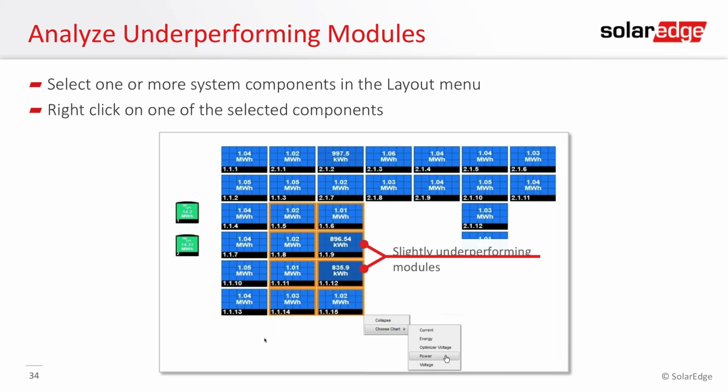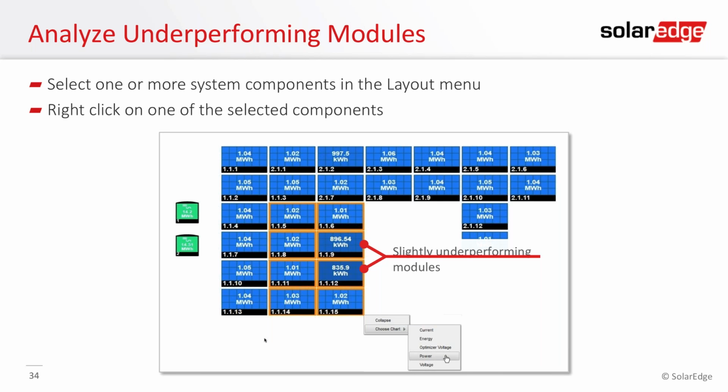As an example here, we have two modules on the rooftop that are slightly underperforming compared to the rest of the modules on the array. So what you can do here is select the two underperforming modules. You can select the 6 modules that are directly surrounding the underperforming modules.